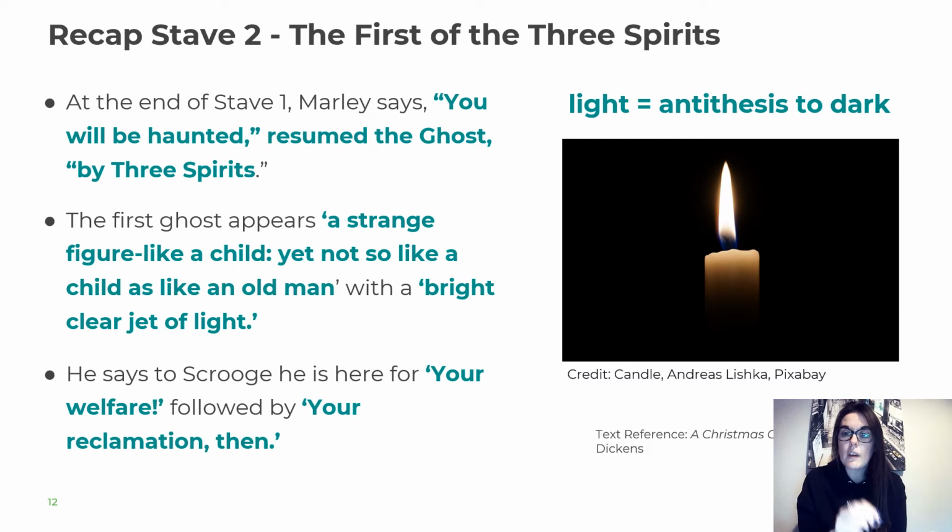But he's very much there for his welfare and his reclamation, to save his life. He is the antithesis to Scrooge's darkness, which makes it even more interesting that Scrooge tries to put his cap on and wants to extinguish him.